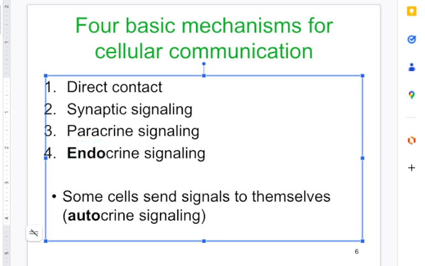So endocrine type of glands have the hormone within them, and then they send them to a different place. So the signal is coming from the cell itself. And para means around or surrounding. So you can think of paracrine signaling as signaling to the cells that are in the direct vicinity of that type of gland.